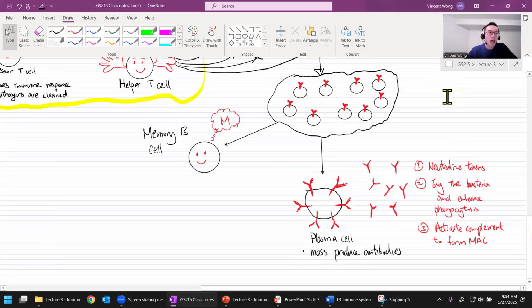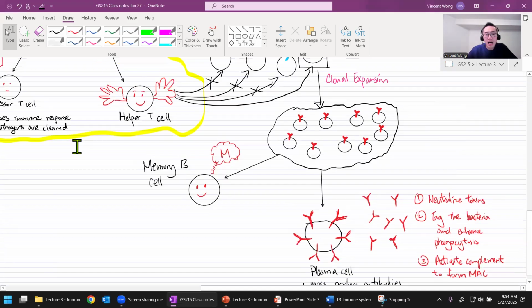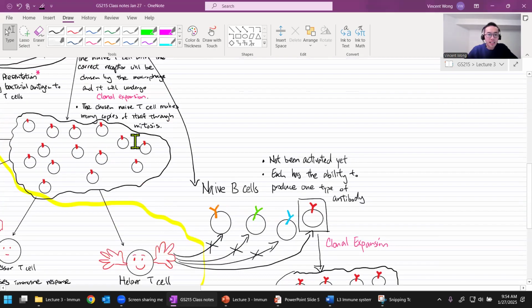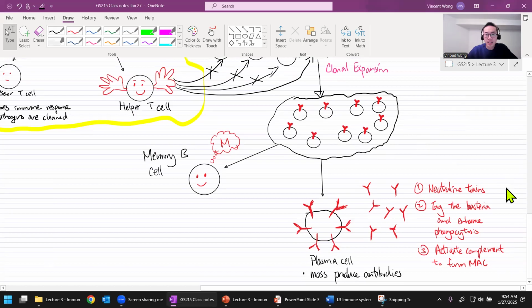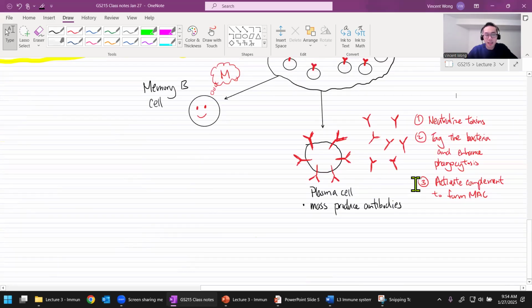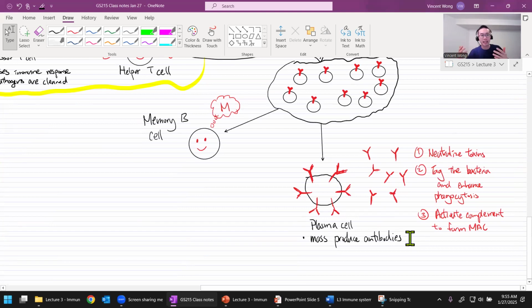So that's why it takes some time before your illness kind of turns around in most cases, because it takes time to select for the T cells and it takes time to select for the B cells and do the mitosis and make these antibodies. And it's basically a race against time. Are you able to come up with these antibodies before the pathogens make you very sick, right? If you're able to, then you feel better. If not, then you get worse and worse, and then you need help, right? With medicine and other medical interventions, right?